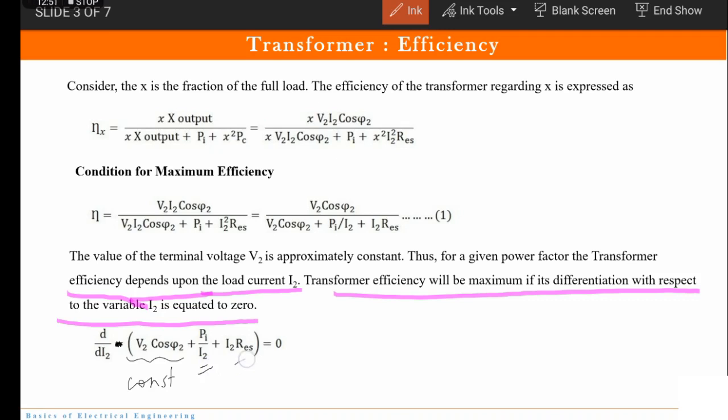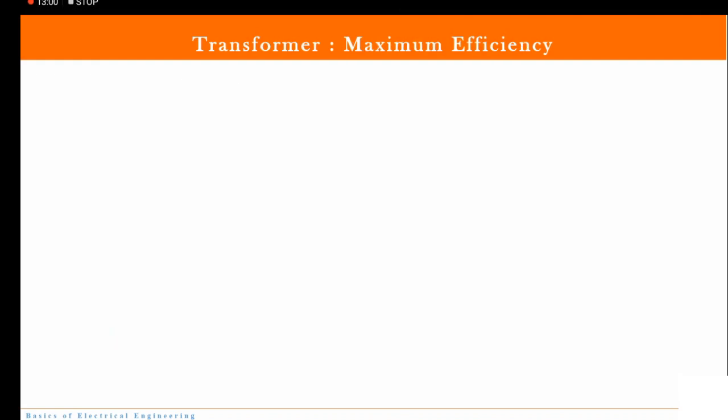Correct. And here we have I2, so differentiation of I2 with respect to I2 will be 1, so we will have RES left out there. So this is the differentiation. The first term becomes 0. The second term has minus 1 upon I2 square, and Pi was already there, plus differentiation of I2 with respect to I2 became 1 and RES was already there.